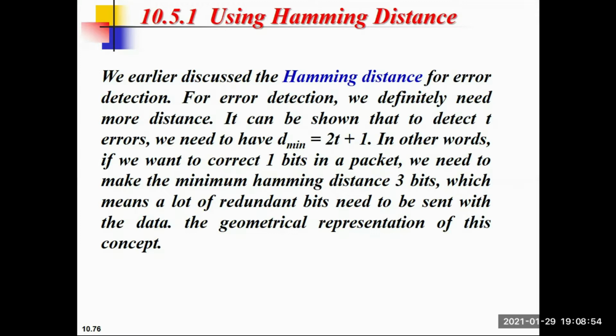And if I say this in a more appropriate way, if you want to correct one bit while you are transmitting your data from one point to another, you need 2 into 1 plus 1, that is a Hamming distance of 3. The same thing we will see through one example.